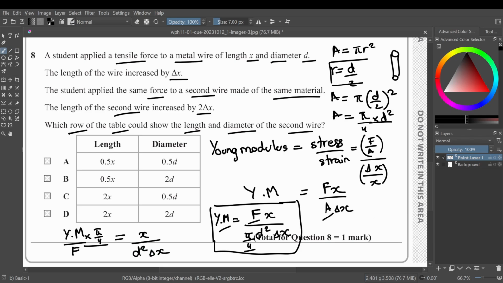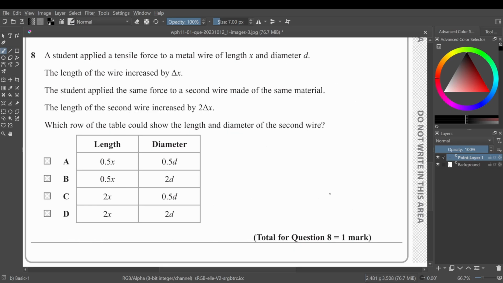So let me erase all of this and write it on a fresh page. So it will become, its final form is basically Y.M by F times pi by 4 is equal to x by d square delta x, right? So now we need to separate them and make it into two equations, one for wire 1 and one for wire 2.